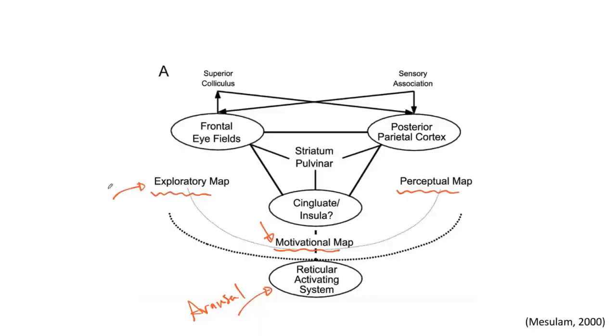How I can shift my attention to different parts is the exploratory part. And the perceptual part is related to what parts of the visual information should be targeted in the process of attention. So there could be a combination of different pieces working together.